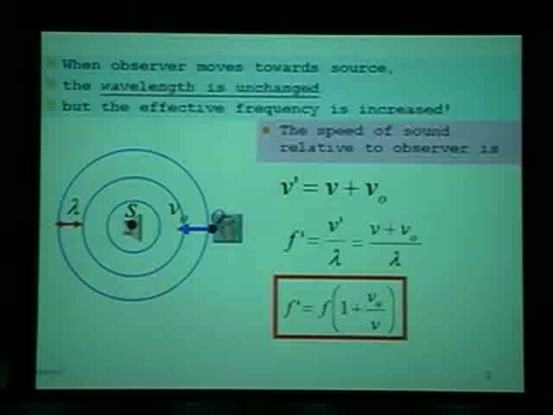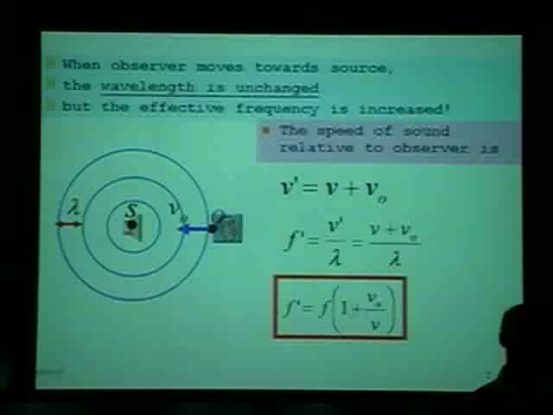But if I'm moving at 60 miles per hour, which would be approximately 30 meters per second, let's just say 34 meters per second for argument's sake, then this fraction would be 34 over 343, so this fraction would be about 1/10. All right? And now, my observed frequency will be equal to the actual frequency times 1 plus 1/10. In other words, my observed frequency will be 10% higher.